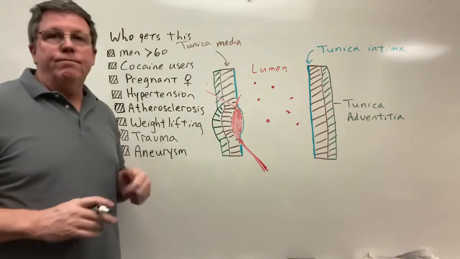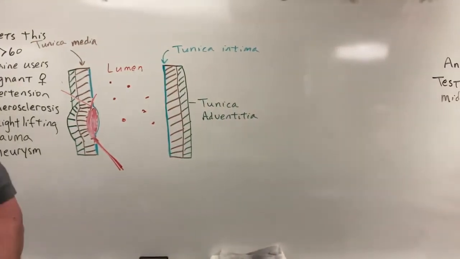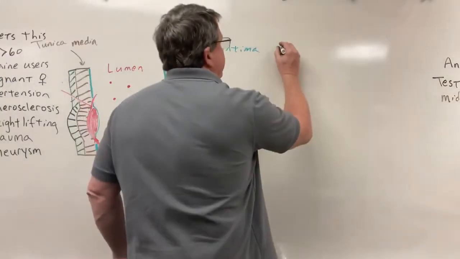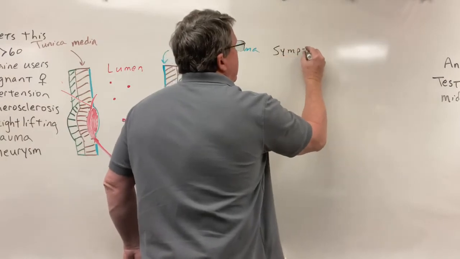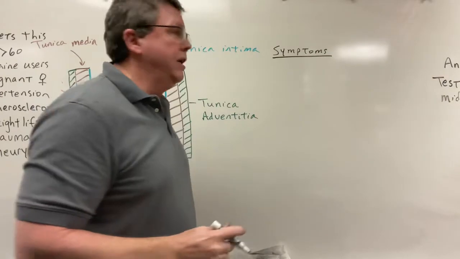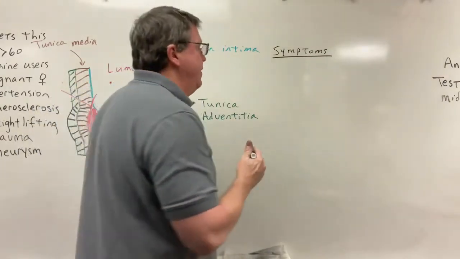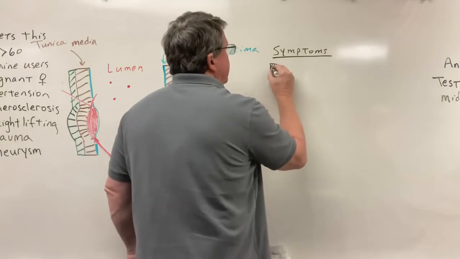Let's talk about symptoms, and now I'm just going to move my camera right over here, and let's talk about symptoms from this. So what can happen in this, the symptoms that people can get, is a lot of times they're going to feel like a tear, like something's torn inside their chest. So there's a tearing sensation.